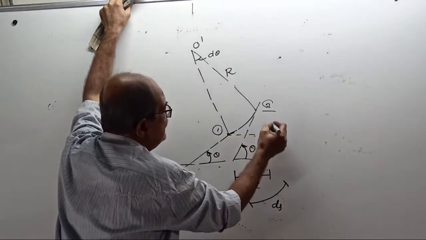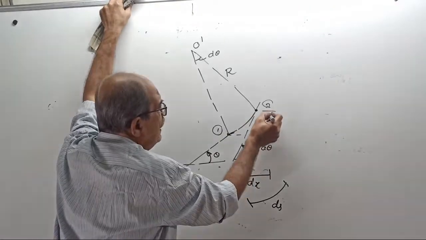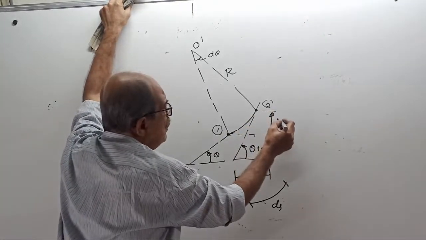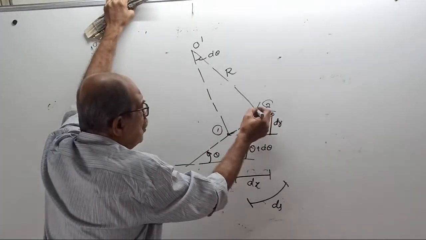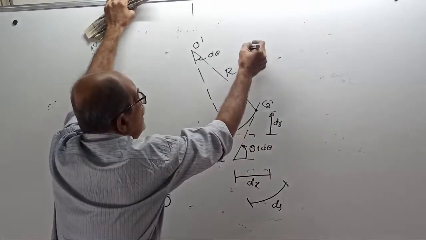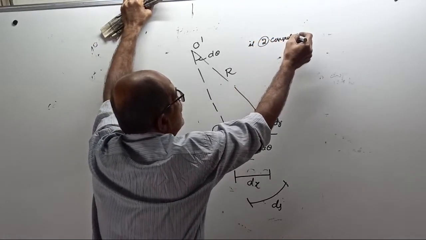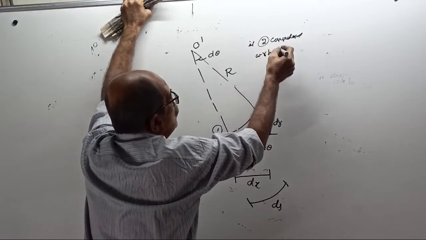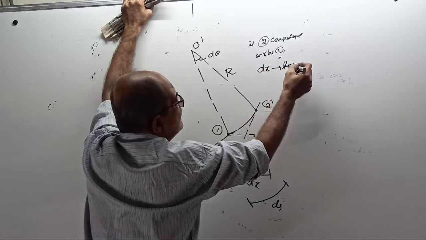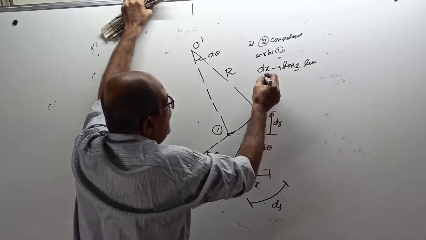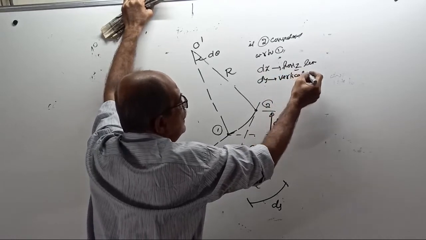And point 2 from point 1 is vertically upward by a very small dy. If I consider 2 with respect to 1, then dx is the horizontal length and dy is the vertical displacement.